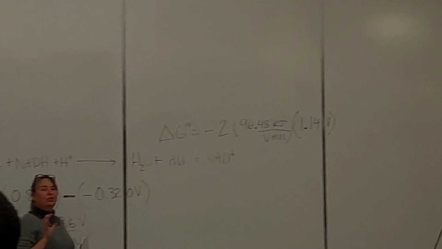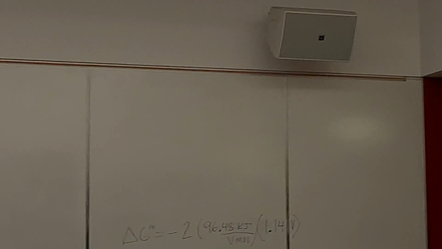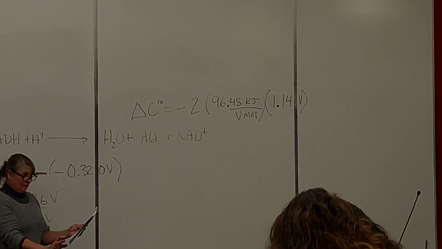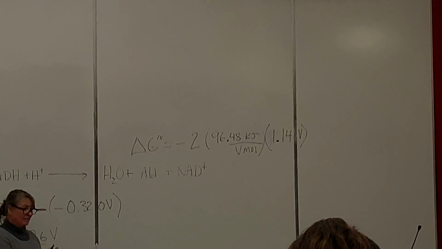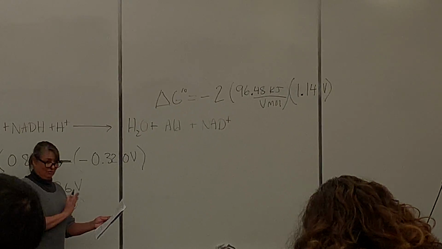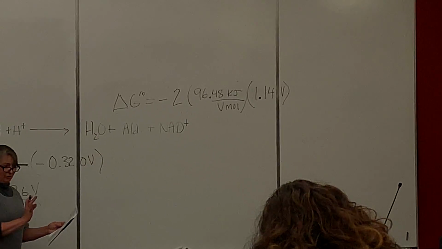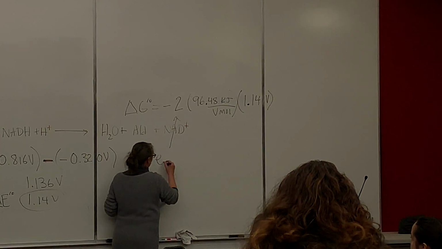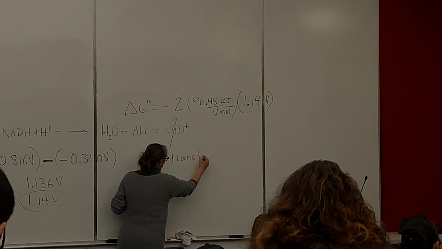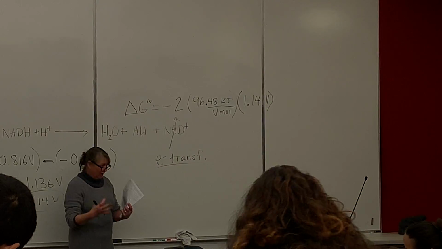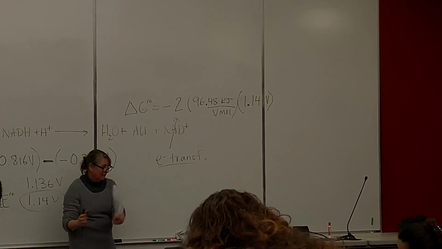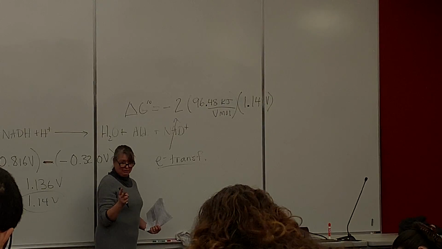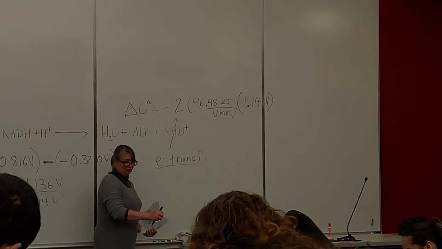We know it's 2 because when you look at the standard reduction potential table, it says 2 electrons are added to oxygen to make water. And you can see that 2 electrons come off of NADH to get to NAD+. Those are going to the oxygen. So this is the number of electrons transferred, not the total in sum. It's how many started here and ended up over there. 2 leave NADH and go to oxygen.